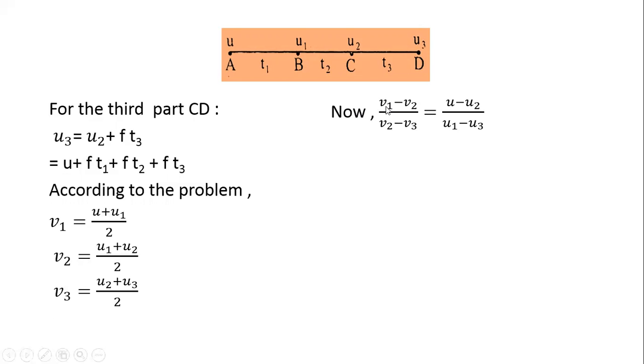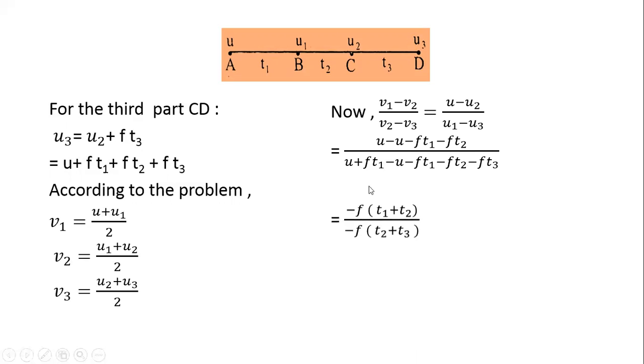Now we get (v1 minus v2) by (v2 minus v3) equals (u minus u2) by (u1 minus u3). Putting the value of u2, we get u minus u plus ft1 plus ft2. Here, putting the value of u1 and u3, we get u plus ft1 minus u minus ft1 minus ft2 minus ft3. The u minus u vanishes.